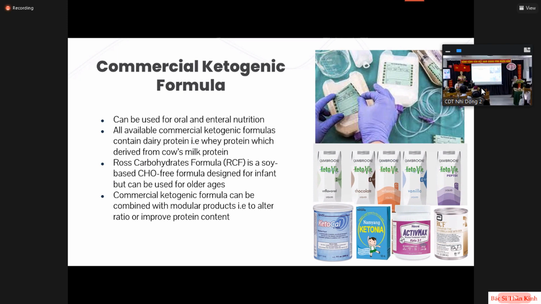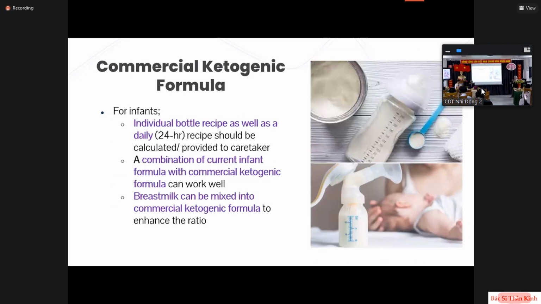Commercial ketogenic formula can be combined with modular formula, for example to alter the ratio and also improve the protein content. For infants, it can be designed by daily or individual bottle feed.